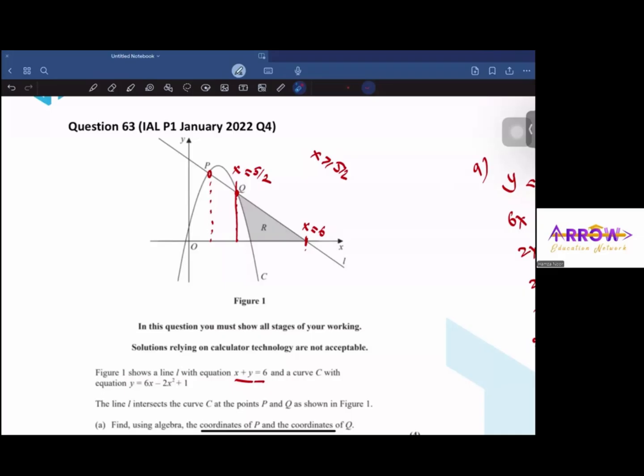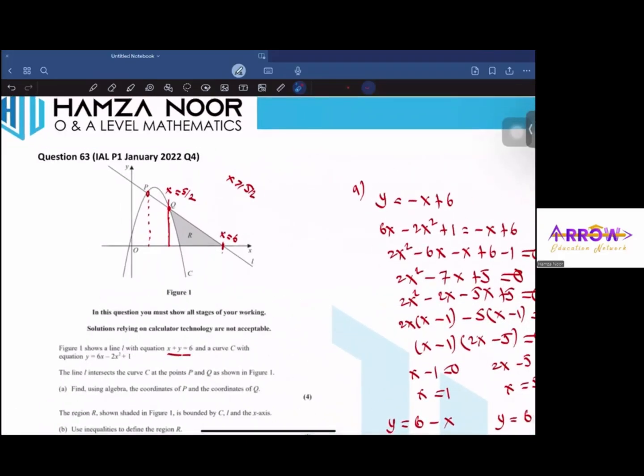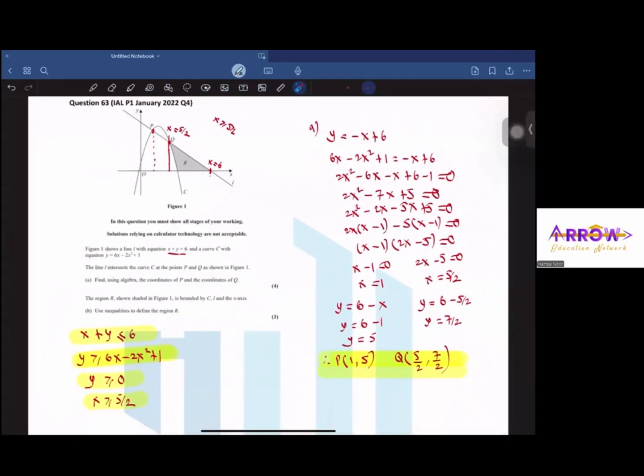And in order to make a consistent use of the inequalities, I have used the inequality in the same way. X is greater than or equal to 5 over 2. So this is your best answer, and this is your final answer, and you will get full marks over here.